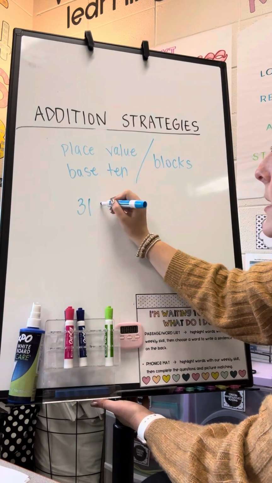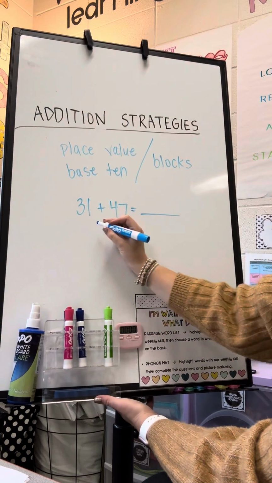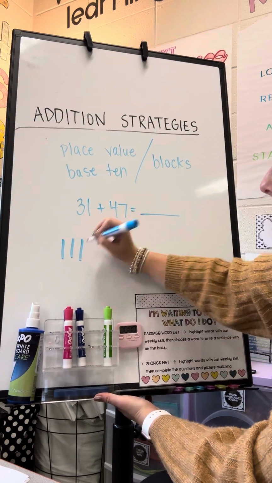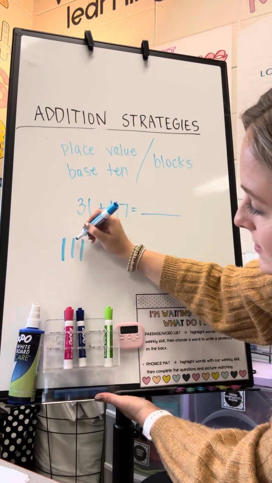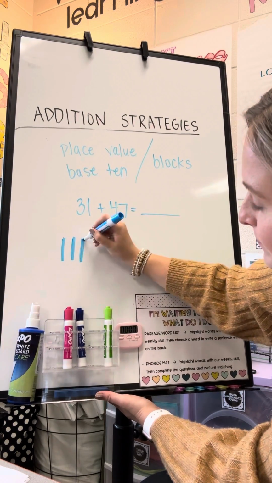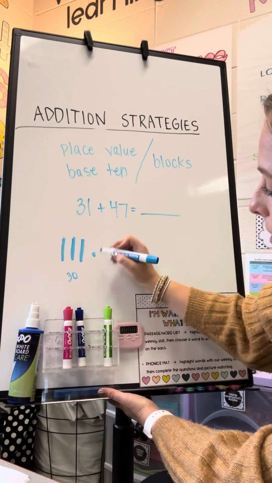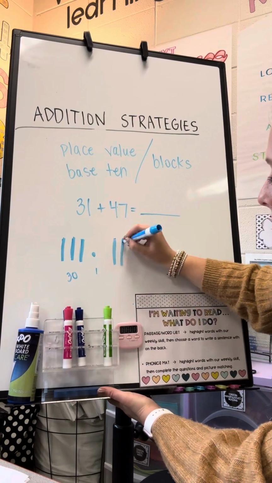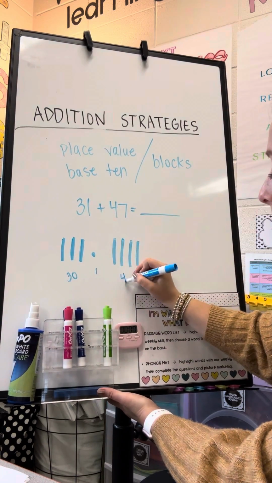So if I have 31 and I'm adding 47, of course they're going to draw 31 with base 10 blocks. And we show them that these rods, these are our tens rods, they each represent 10. So I can label, that's 30, and I have 1. And then I'm adding 47. So I have my 4 tens rods, each rod represents 10.